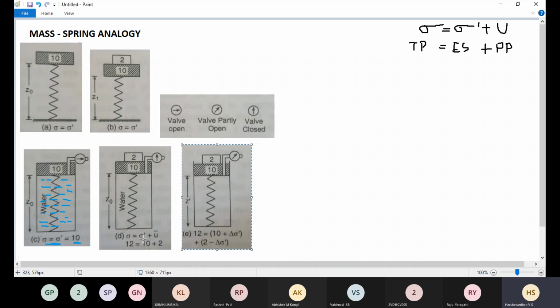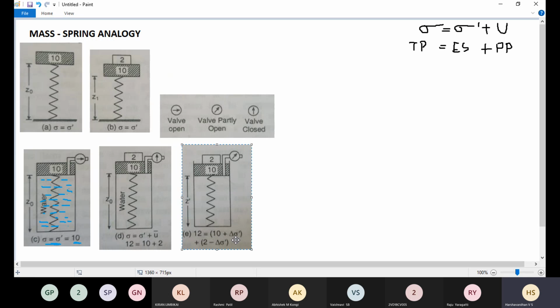So earlier you can see this equation, total stress is equal to the stress carried by spring plus stress carried by water. So out of 12 units, 10 units was carried by the spring, and 2 units was resisted by the water. Now I am opening the valve and some water escapes out, and hence some of the stress or the pressure is transferred to the spring. So earlier the stress carried by spring was 10.